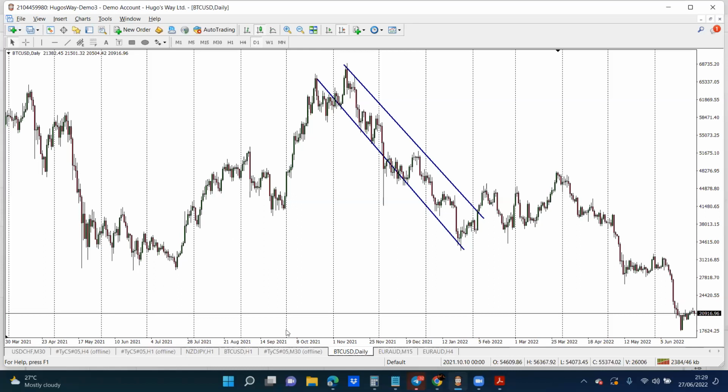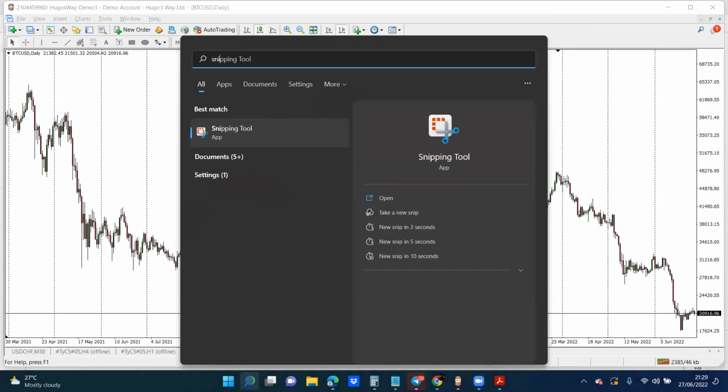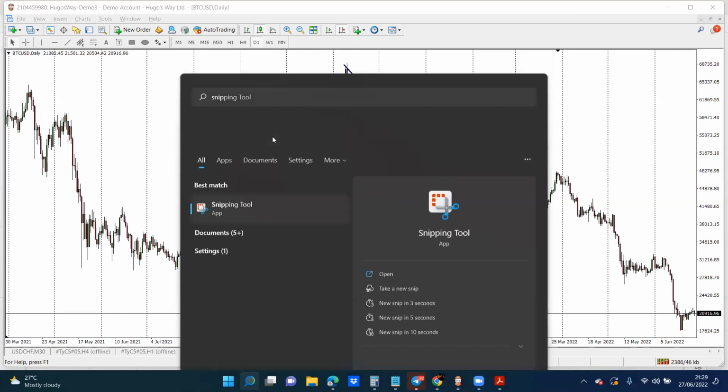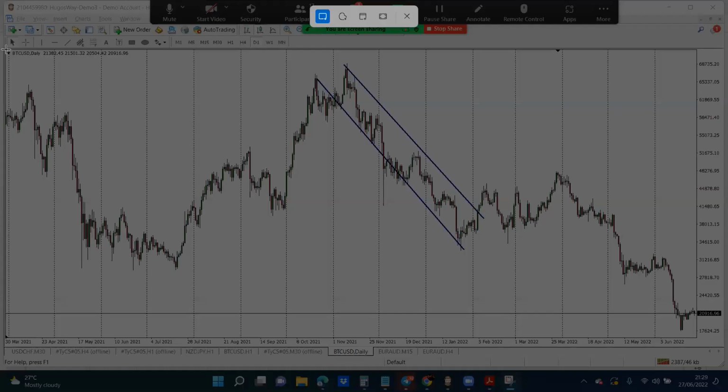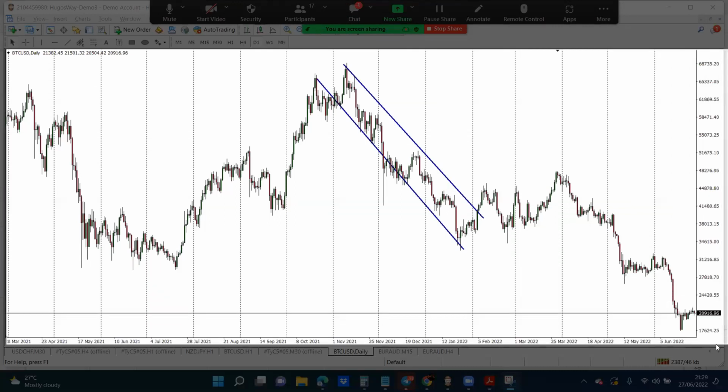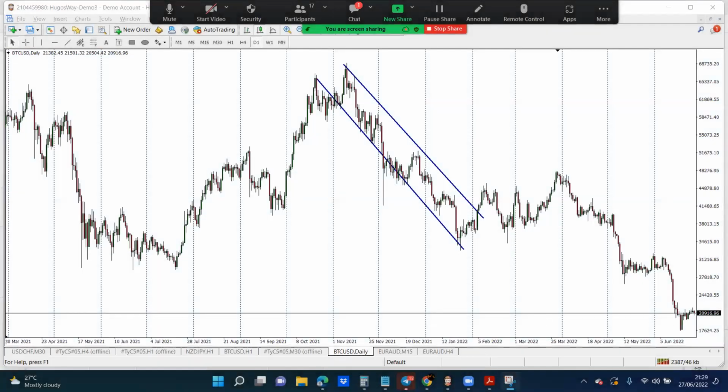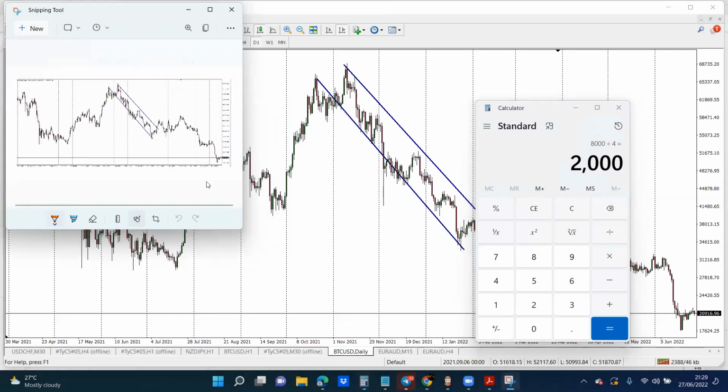It's not for everybody. How will you send this to me if you're using your laptop? Just come and type paint and type snip. Every Windows has this snipping tool. Click on it. Click on new. Then click it and drag until it copies everything. Right? It will show on your screen like this.